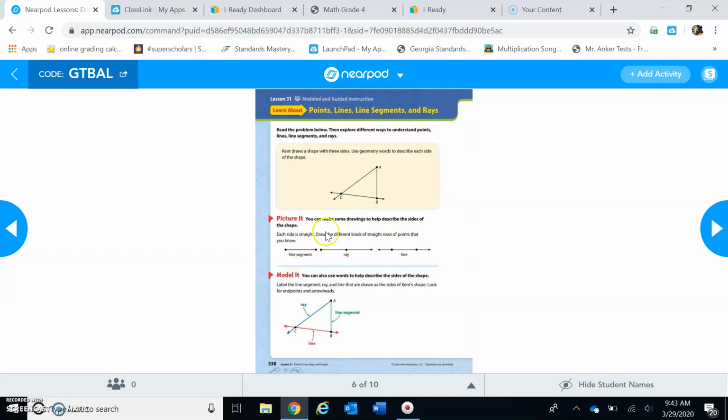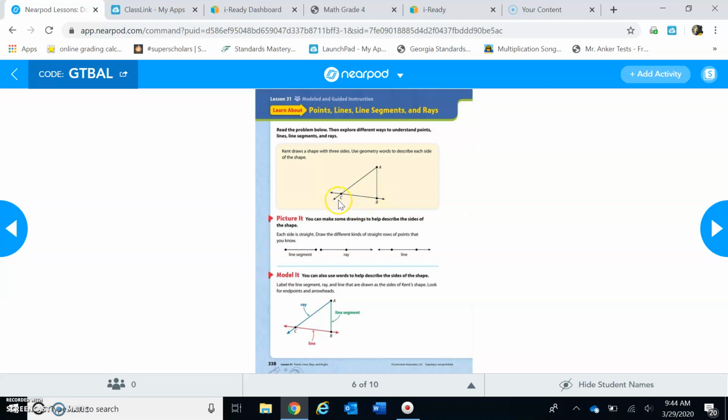Line segment. Okay, so we do know that a line segment has a line and it has 2 points, 1 point on each end. So let's see if we can find a line segment in this shape right here. Nope, that's not a line segment because it has 2 arrows on the end.